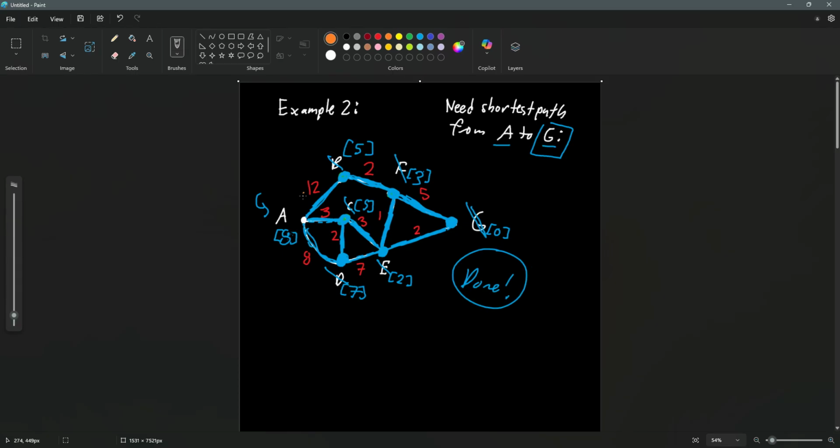And what do we find? We found that this path that I'm about to outline right here is the fastest way to go from A to G. So A, C, E, G is the fastest. And then we'd be done.